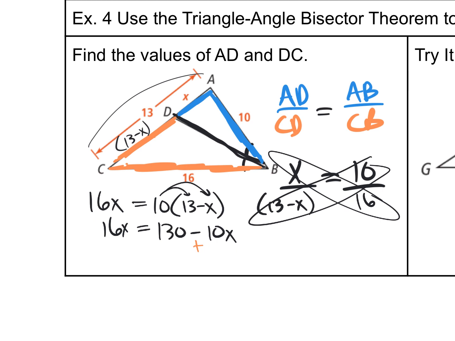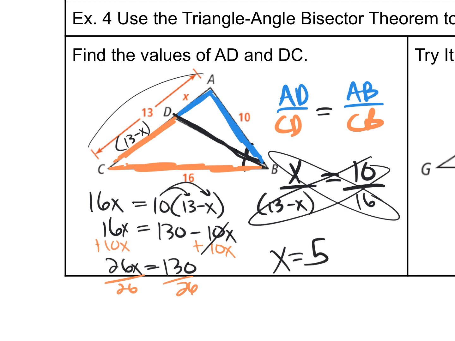So in this case, adding the 10X, we'll get that to cancel out over there on the right-hand side. So 16 plus 10X gets us 26X equals 130. Then your final step there would be to divide by 26. So in this case, what do we get X to equal? 130 divided by 26 gets us a distance of 5.